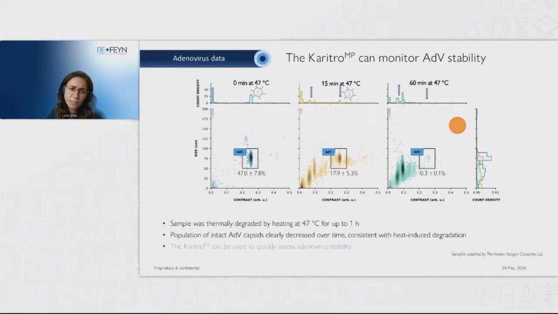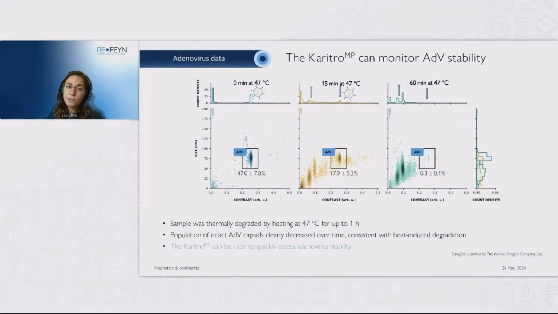In the stable sample, you can see that about 47% of the data points over the total are in the adenovirus region. After 15 minutes of thermal degradation, you can see that this decreases to about 18%.